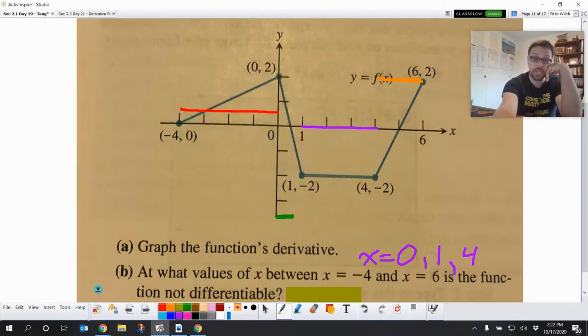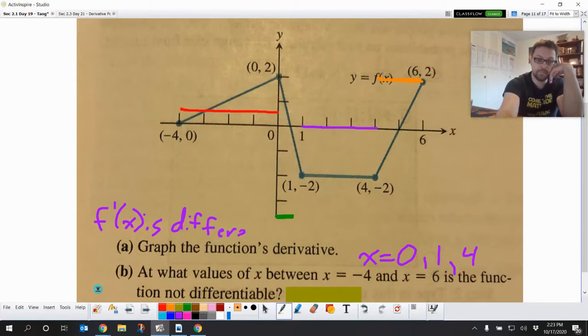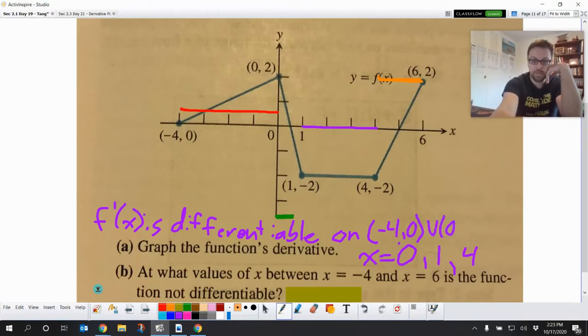You could also say that f prime of x is differentiable, if you wanted to say this in reverse, on the interval -4 to 0, union, 0 to 1, union, 1 to 4, union, and then 4 to 6.